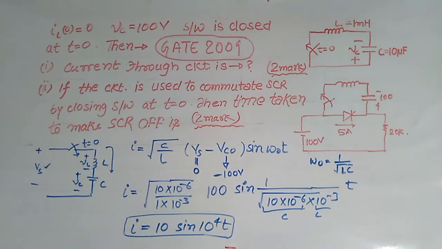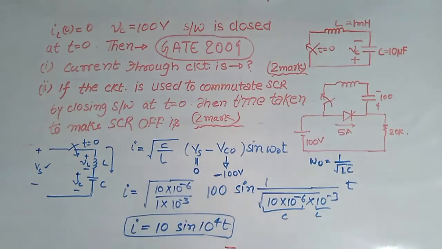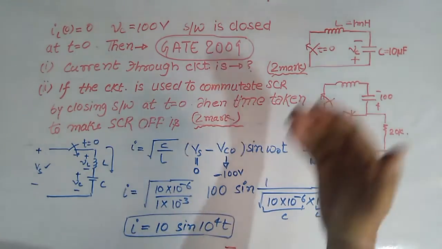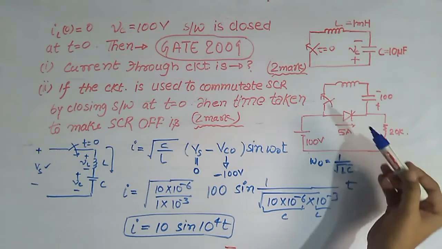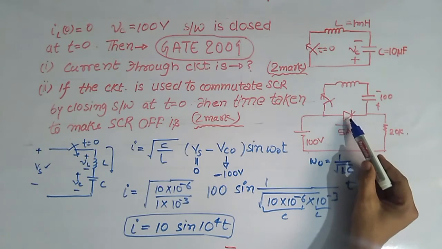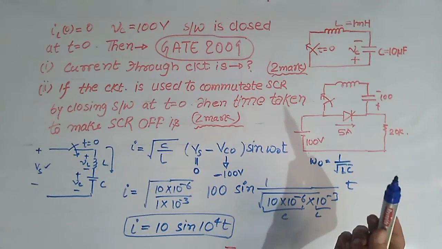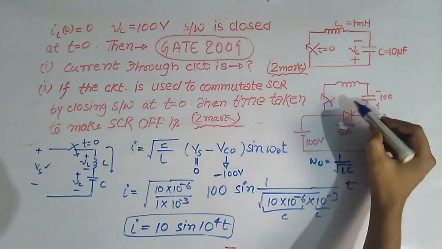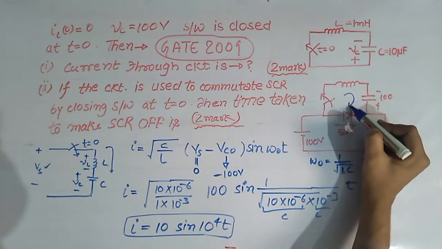Now in the second part it says that if this circuit is used to commutate this SCR. Now, how can this circuit commutate this SCR? To commutate this SCR, we need to make the current through this SCR equal to 0. And how can we make the current equal to 0? Suppose the direction of current in this LC circuit is like this.